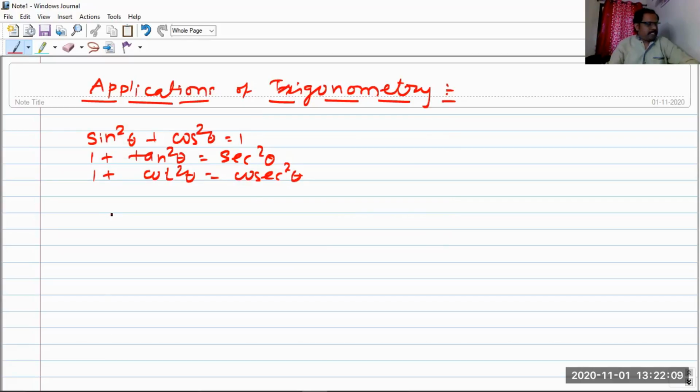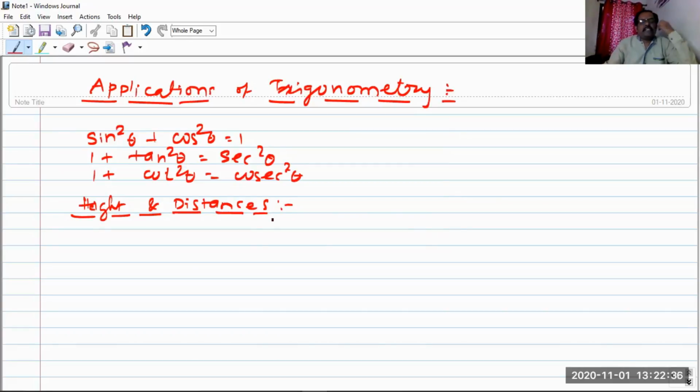The main basic use of trigonometry is height and distance. The very important application of trigonometry is to find the height and distances of some objects. We'll see one by one how this can be done.